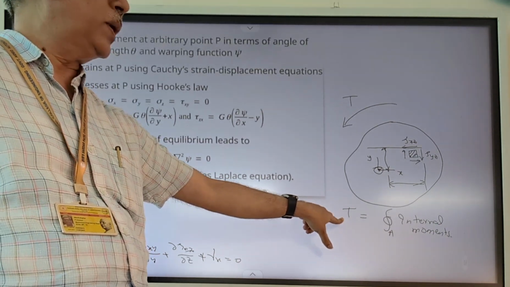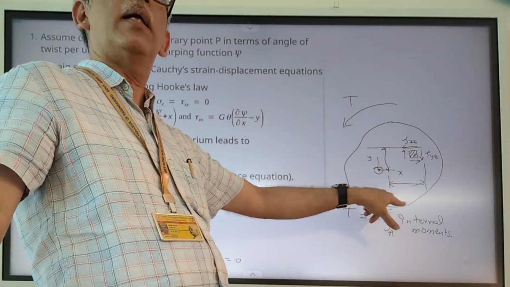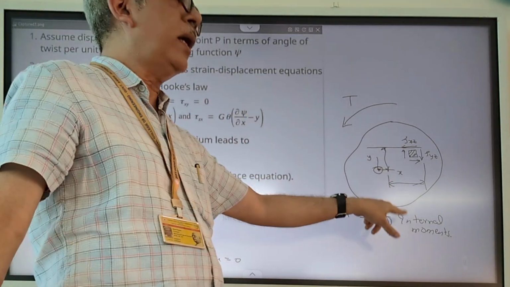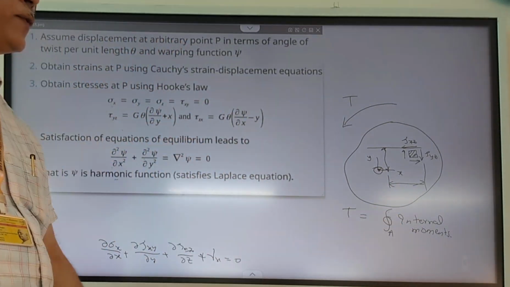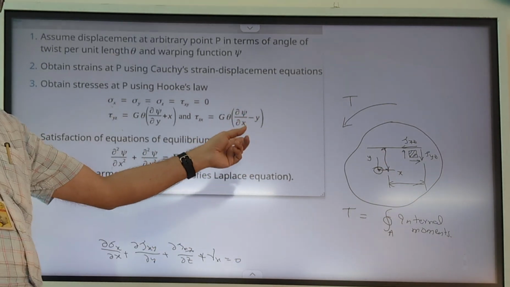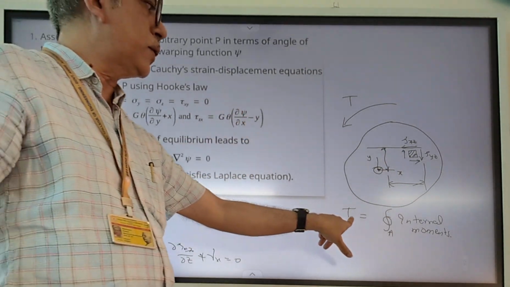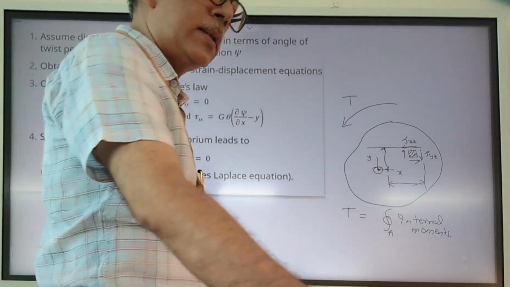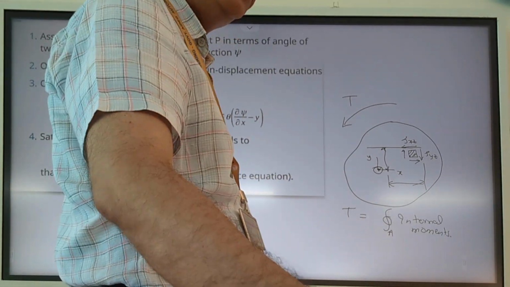That is how we calculate the angle of twist. The second unknown is calculated using this set of equations. Again, we are not going into the derivation of this equation. The formula for T will be given directly in the next slide.